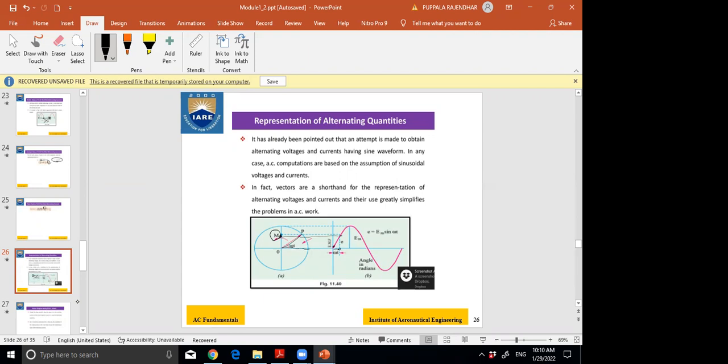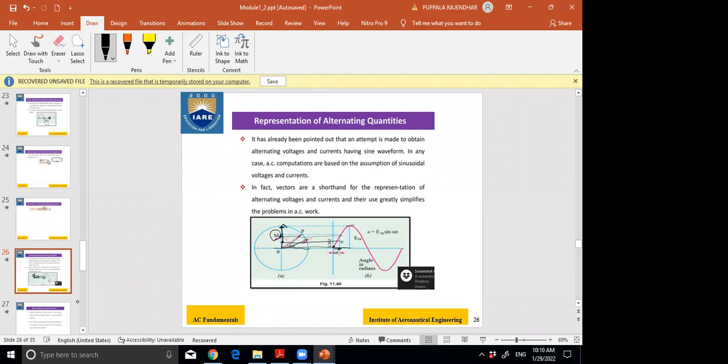At 0 the magnitude is 0, no? Now we have moved to some 30 degrees angle, then the magnitude will be here, and when we move to 90 degrees the magnitude will be here.